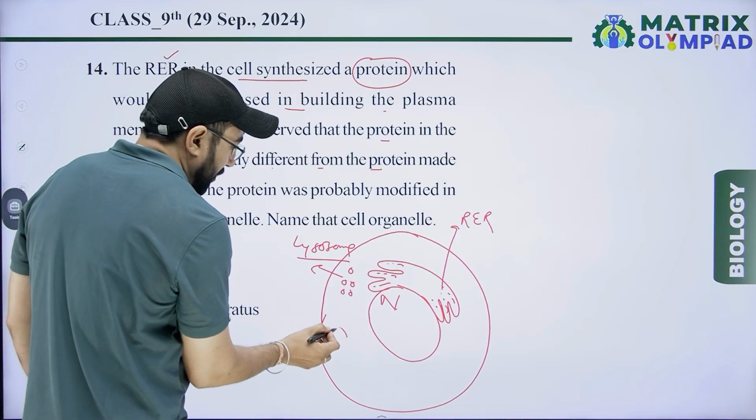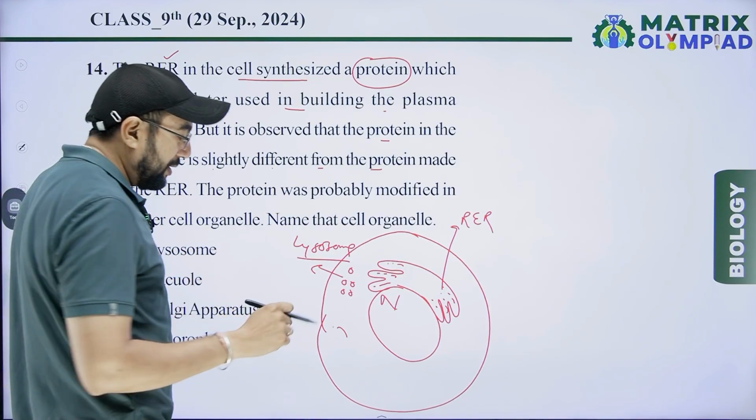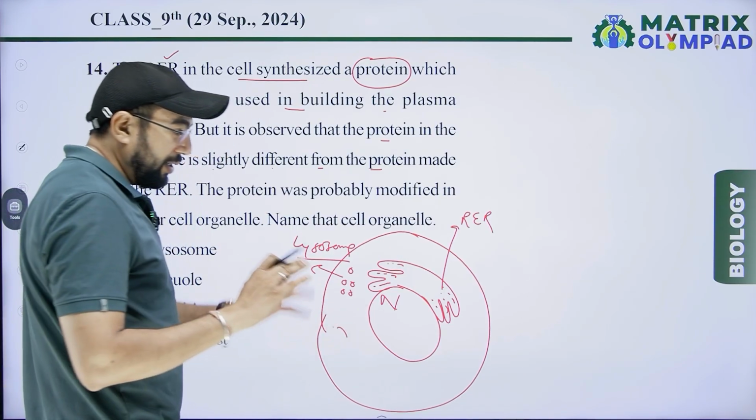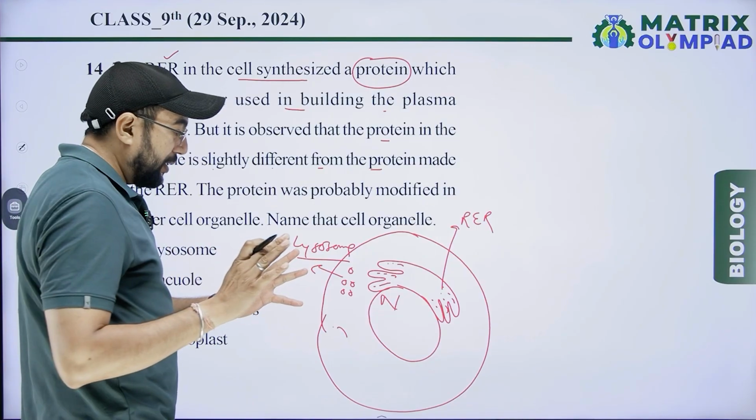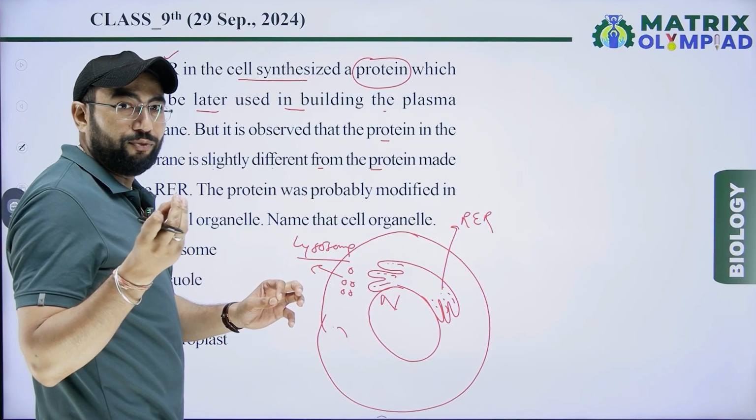Vacuole: in a plant cell it is a large part, but in an animal cell it is absent or very small.